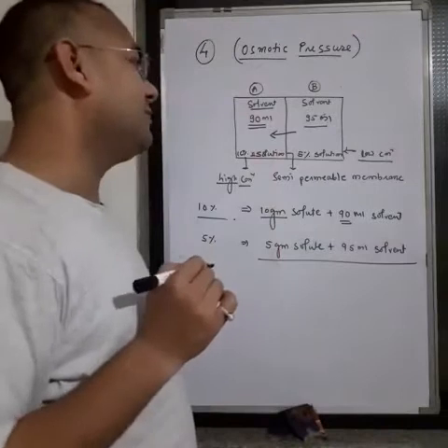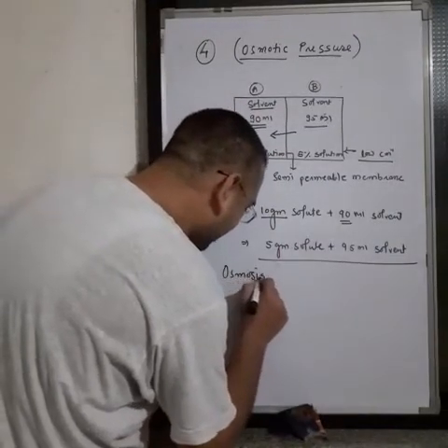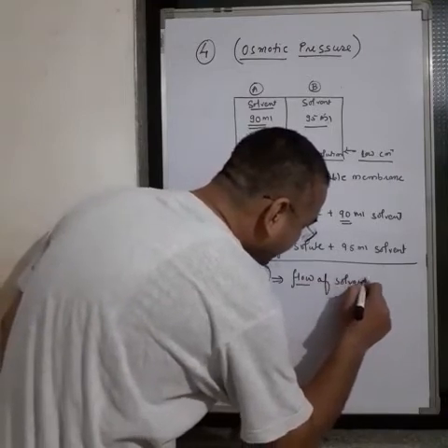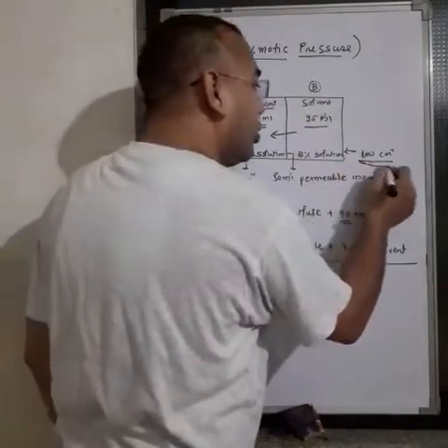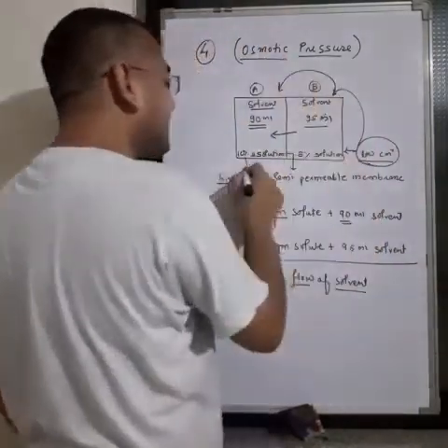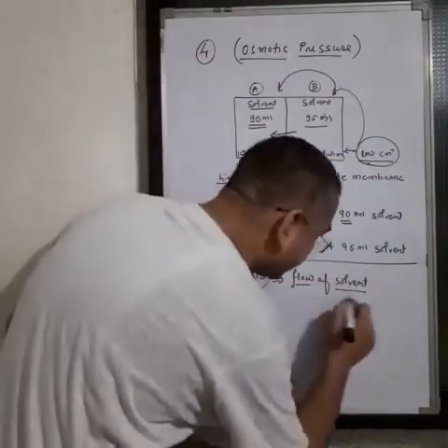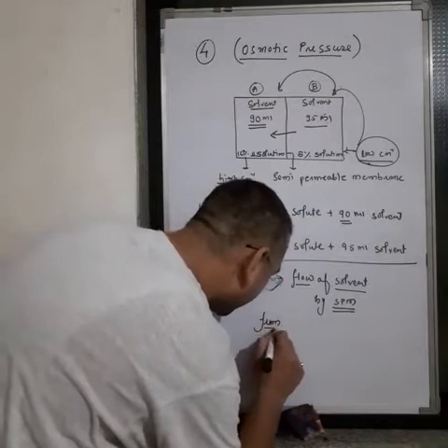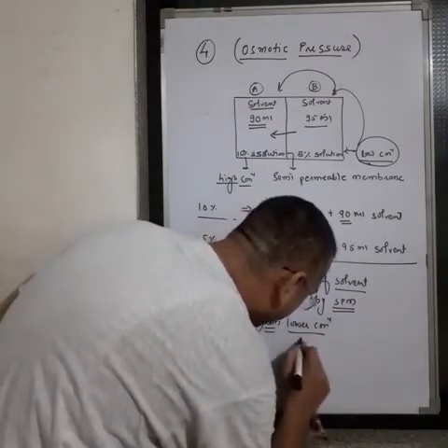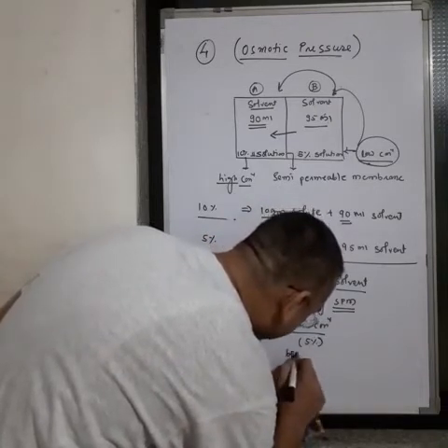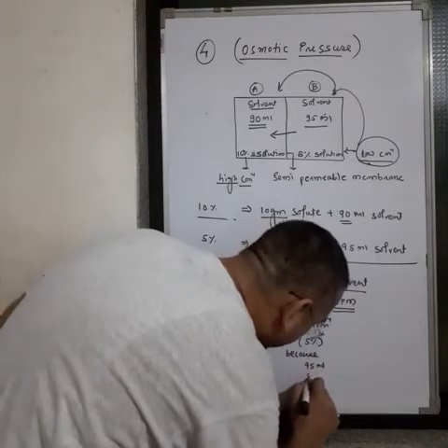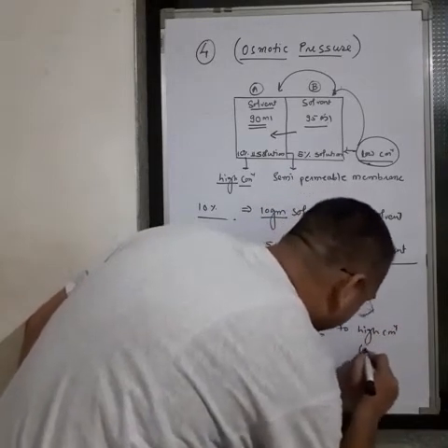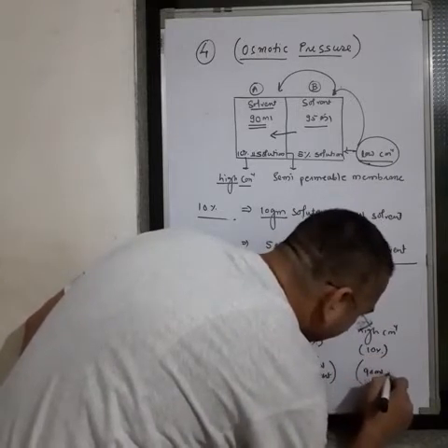So this phenomenon is called osmosis. Again, what is osmosis? It is the flow of solvent through the SPM, semi-permeable membrane, from lower concentration, compartment B, meaning 5%, because it has 95 ml solvent, to higher concentration, compartment A, meaning 10%, because it has 90 ml solvent.